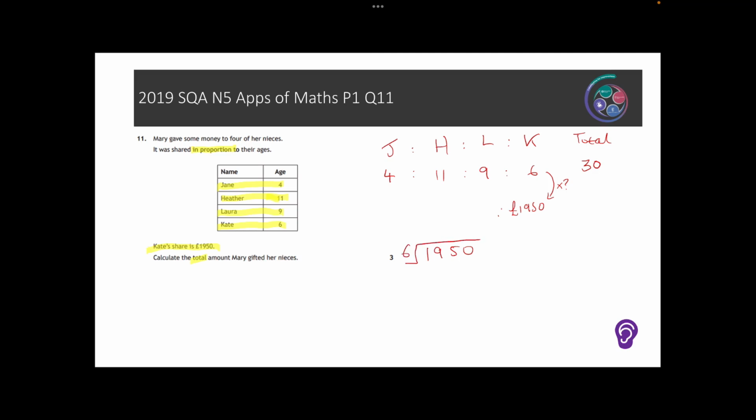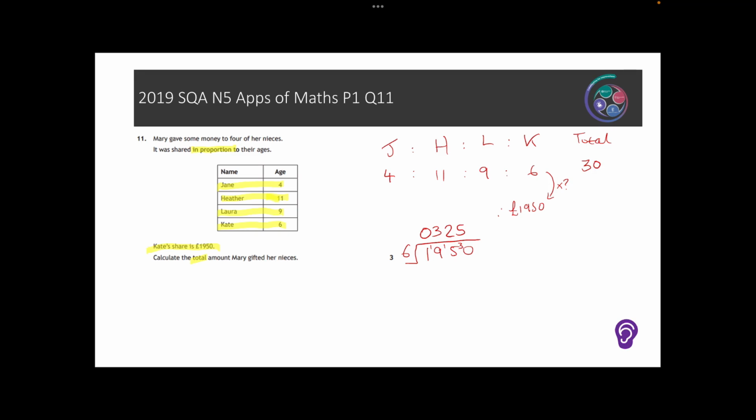So I'm basically sharing that money out for every year of age there. So that'll be 0, carry my 1, 18 is 3 6s with a remainder of 1, 12 is 2 6s, and we've got a remainder of 3, and 30 divided by 6 is 5. So I know for every year of age, someone is getting £325.